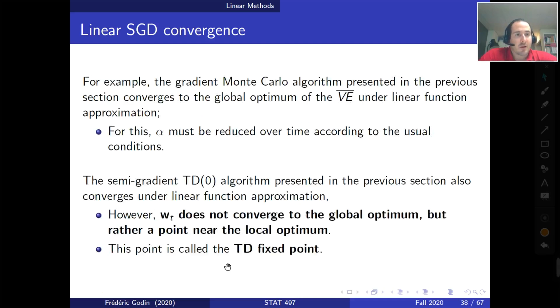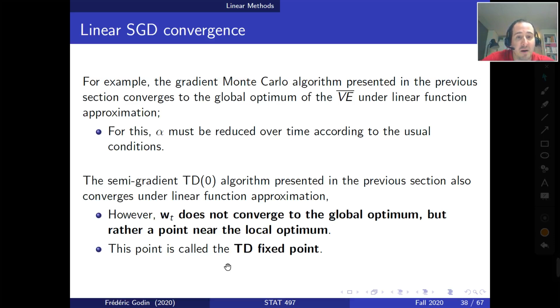Now, other convergence results in this linear approximation case, for the Monte Carlo approaches: when we use the semi-gradient algorithm that we've shown earlier, when the target is the Monte Carlo one, where the target is the return of the whole episode that is simulated, it can be shown that this algorithm converges asymptotically to the global optimum.